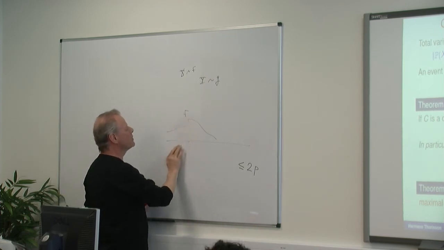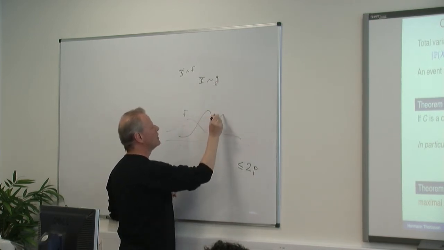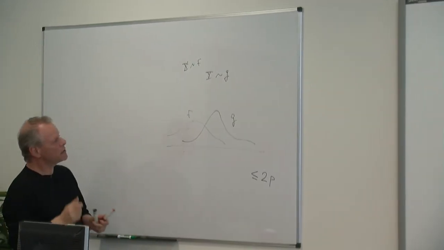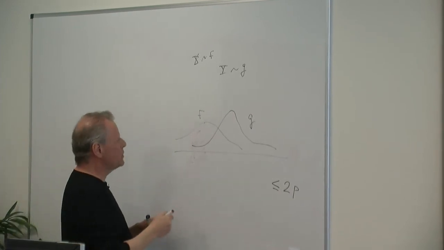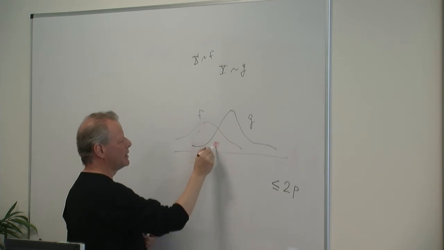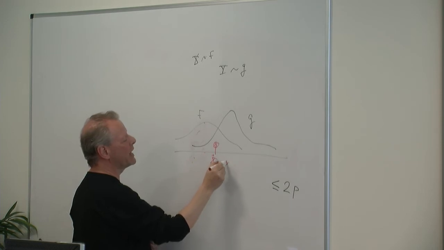Okay, so now take G here. And create a coupling in the following way. Choose a uniform point under F. If the uniform ends here, go down here, call it X hat, and also Y hat.